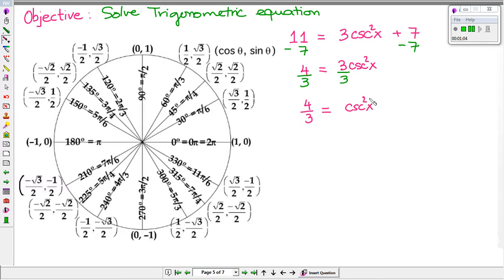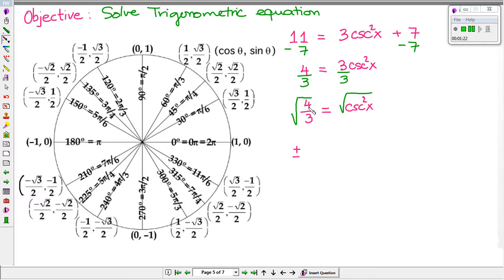Now we don't want to see the exponent. Since the exponent is 2, we are going to take the square root of both sides. Then when we take the square root, we will have 2 answers, positive and negative. So now we will go ahead and simplify.